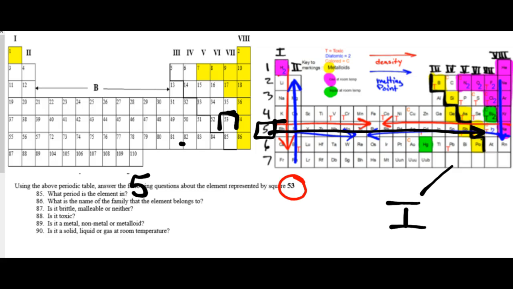What is the name of the family that it belongs to? On your periodic table it should say halogens right here. So the name of the family is the halogens.